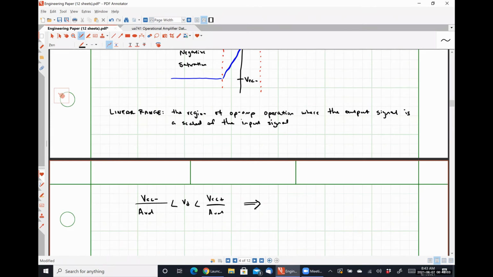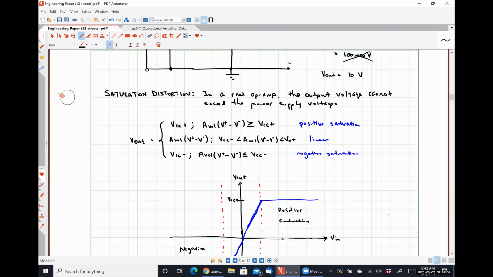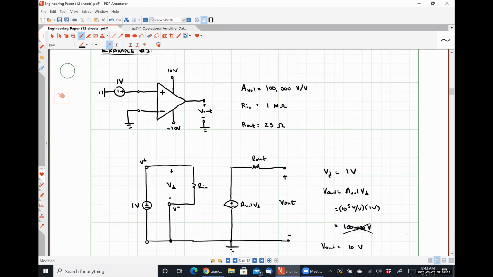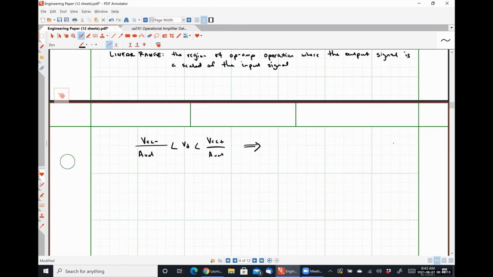So for our previous example, VCC minus was what? Negative 10 volts, okay?